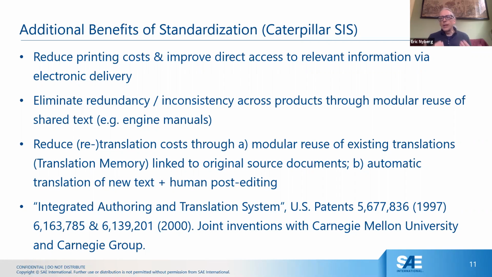These benefits also carried over into the translation world. In the old days, Caterpillar would have to retranslate the entire manual every time they made an update. But now they could use modular updates where they would only translate the pieces of the overall documents that had changed. But they also used the document structure that Audra referred to to focus on retranslating down to individual sentences or paragraphs.